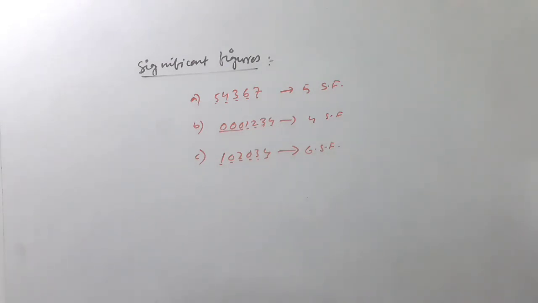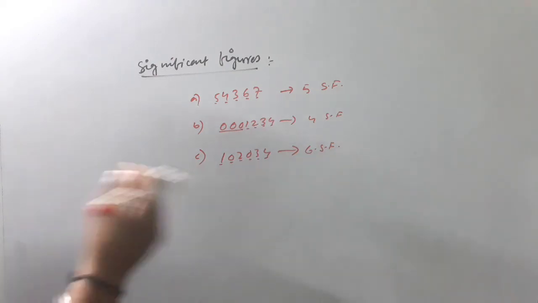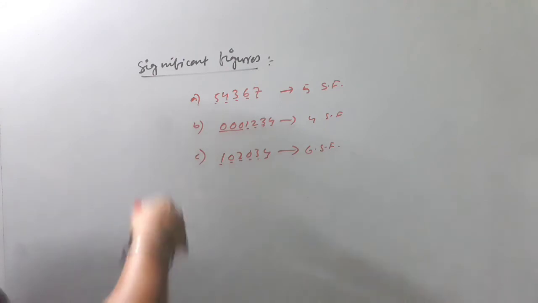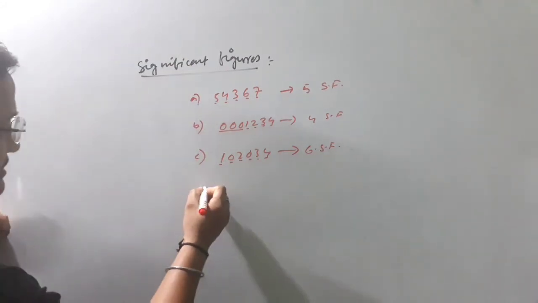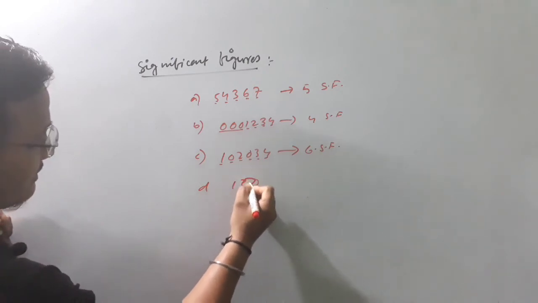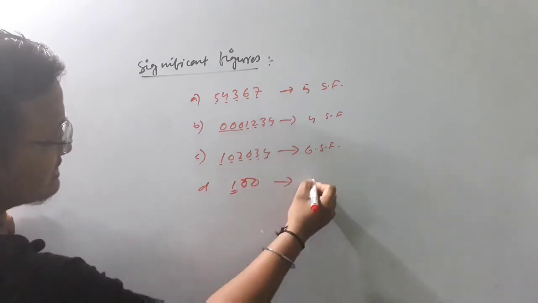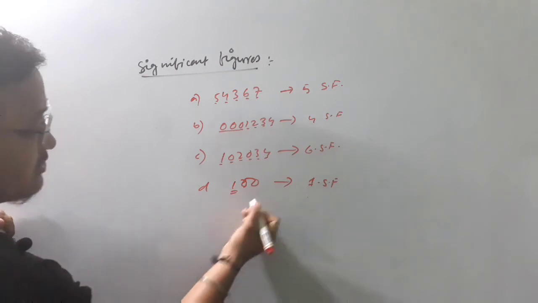Now zeros placed to the right of a number are significant if the zeros are followed by a decimal point, that is, the zeros are to the right of the decimal point. Suppose I have, say, 100. Here only one significant figure, okay, because there is no decimal point.